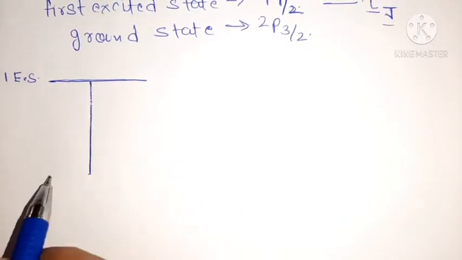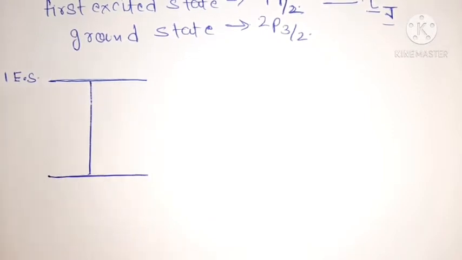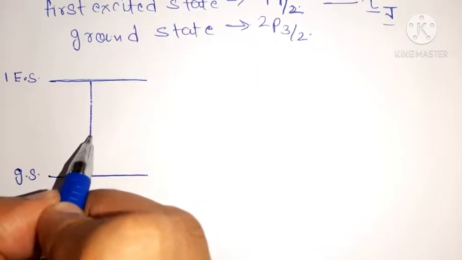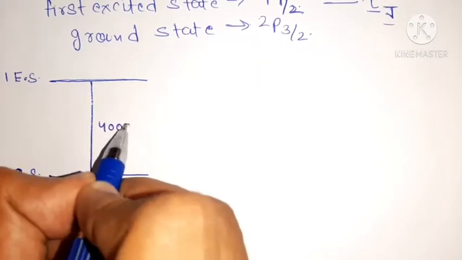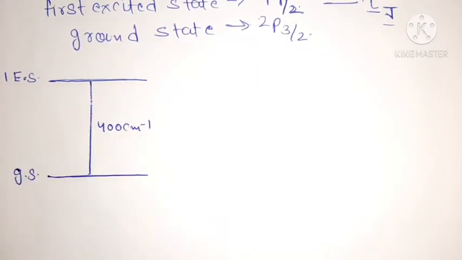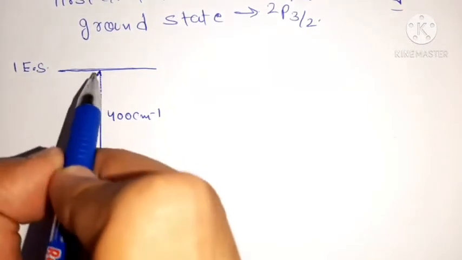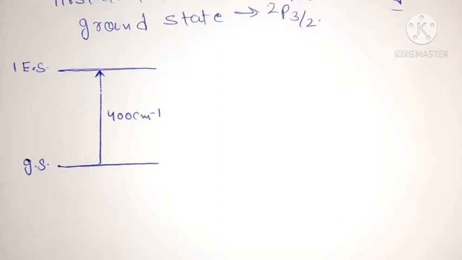This is the ground state, so this energy gap will be 400 cm⁻¹, between your ground state and excited state according to your question.